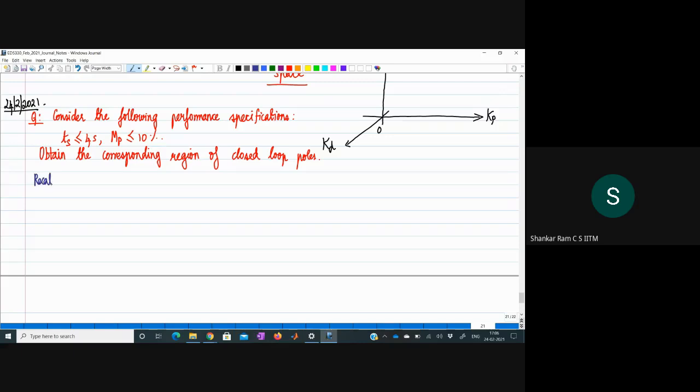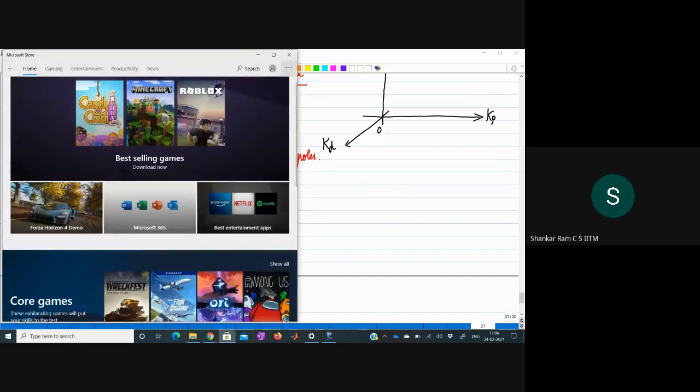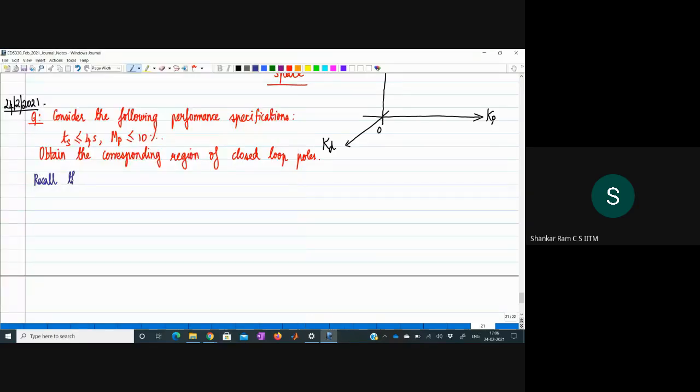So if you recall, and as I mentioned, typically the performance specifications are given by looking at the step response of the first order system or underdamped second order systems. So that's the convention. So recall the settling time expression, right?